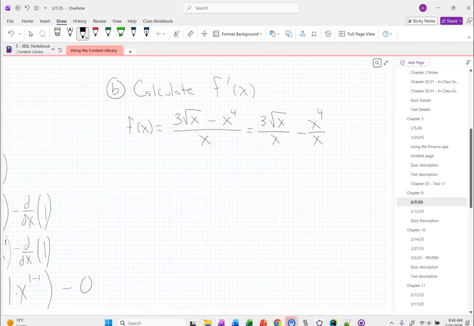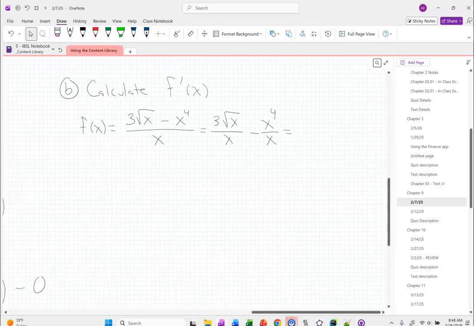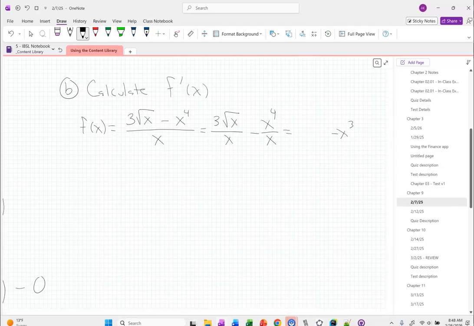Now, x to the fourth over x, I hope nobody has a problem reducing that to x to the third. What am I going to do with 3 square root x over x?